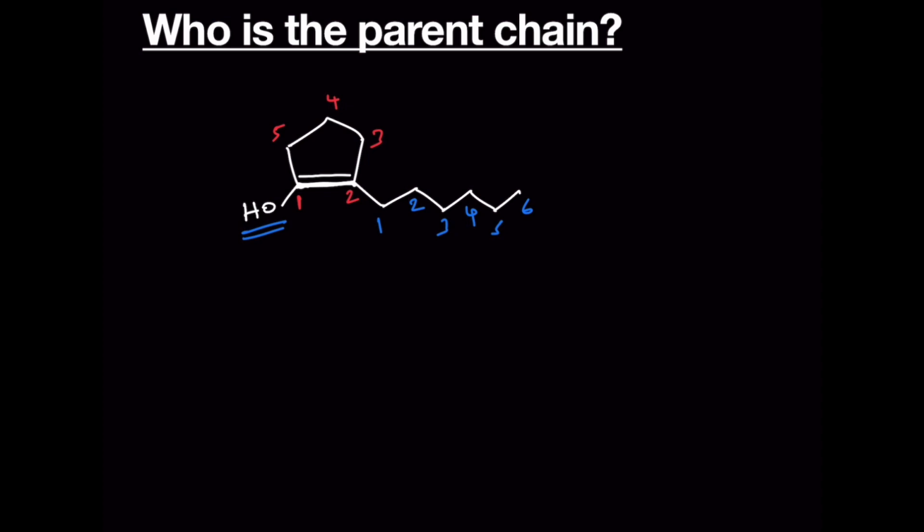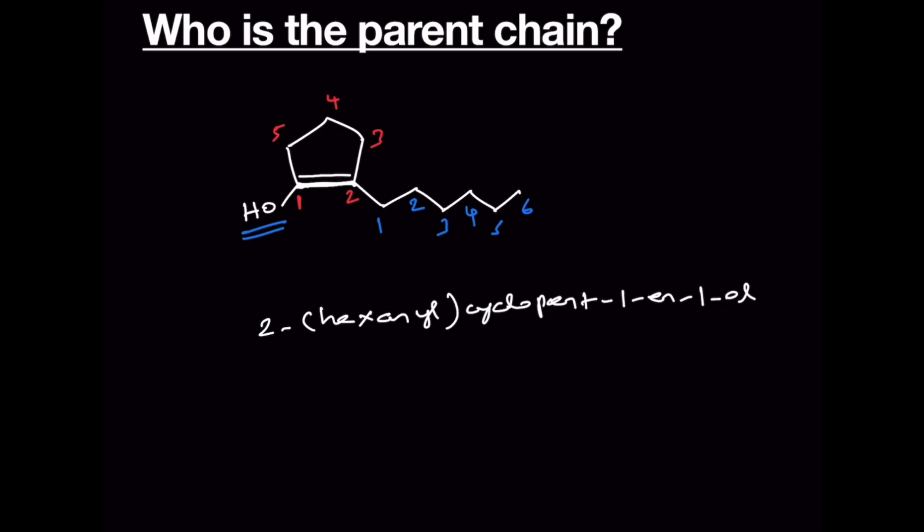So the correct IUPAC name for this molecule is, we have to mention the hexanyl chain. So that is located at 2 position. So 2-hexanylcyclopent-1-ene-1-al.